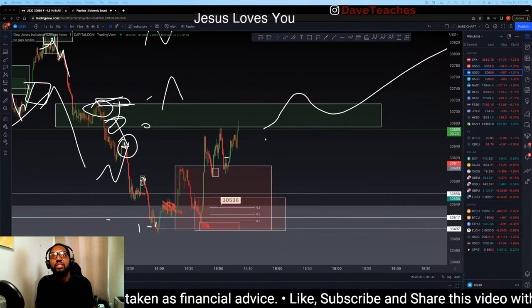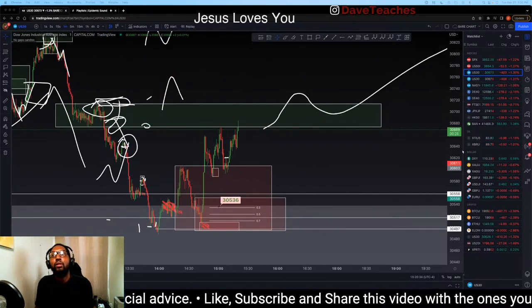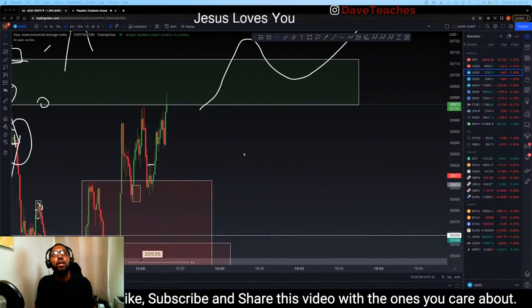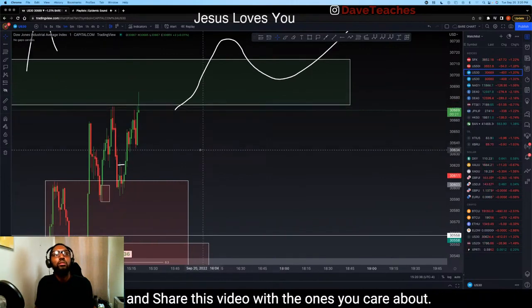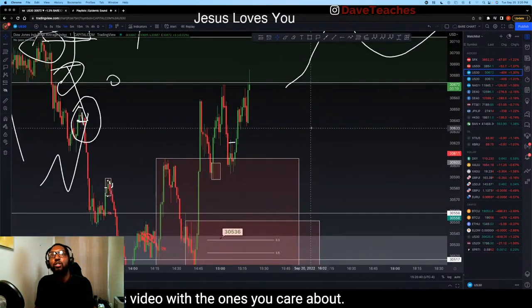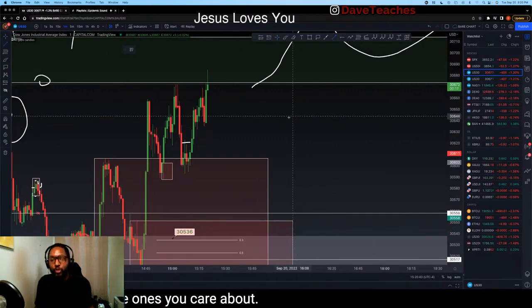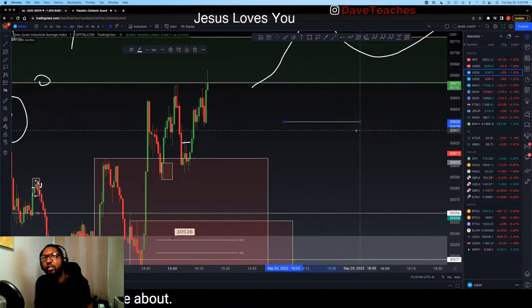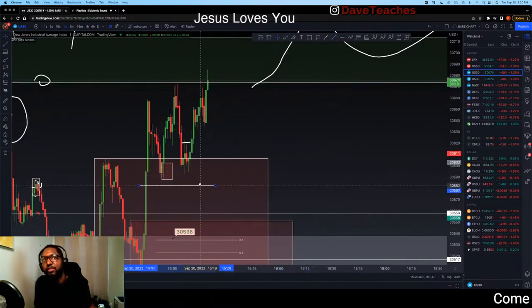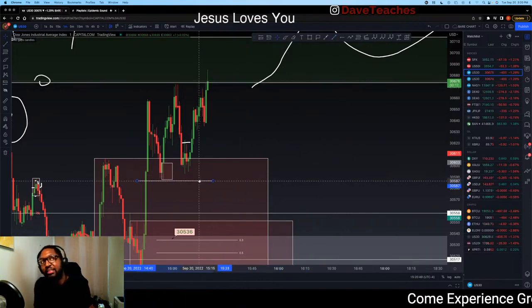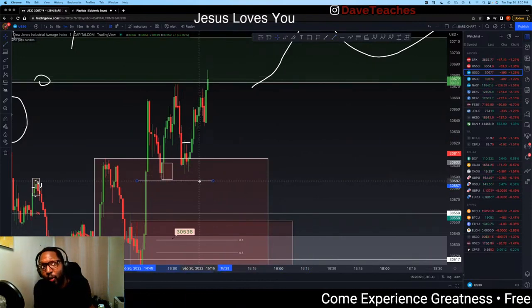So look, you see how we got to tap into here? Let's see what we get here. And I hope you guys are trailing these lows. Remember what we talked about? Trailing the structural lows versus the candlestick lows. Candlestick gives you a faster entry in the breakdown of price, but the breakdown of price needs to be within a zone or an area.